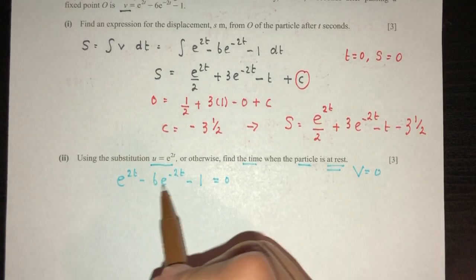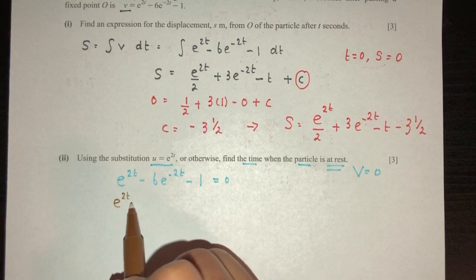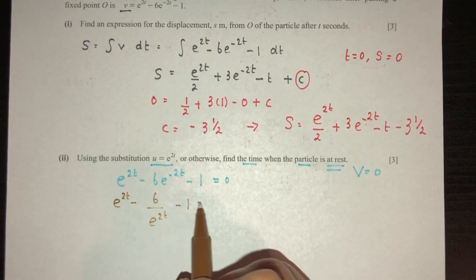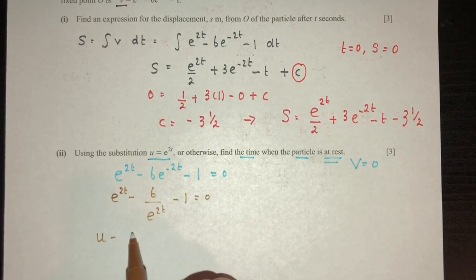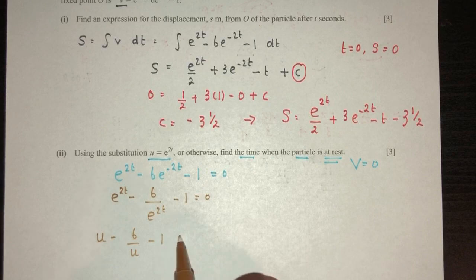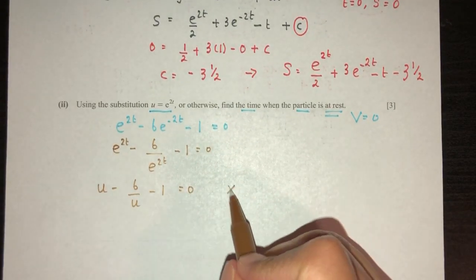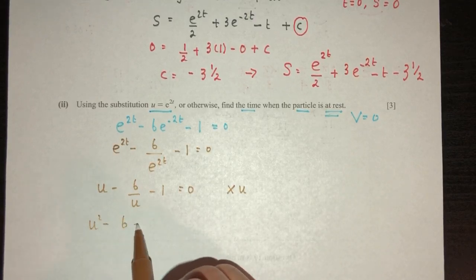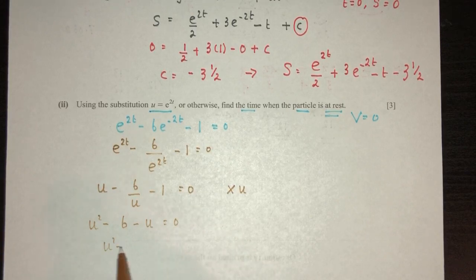So this can become e^(2t) minus 6 over e^(2t) minus 1 equals 0. Replace this by u. You will have u minus 6 over u minus 1 equal to 0. To eliminate the denominator, we multiply by u everywhere. You will have u squared minus 6 minus u equal to 0. So u squared minus u minus 6 equals 0.